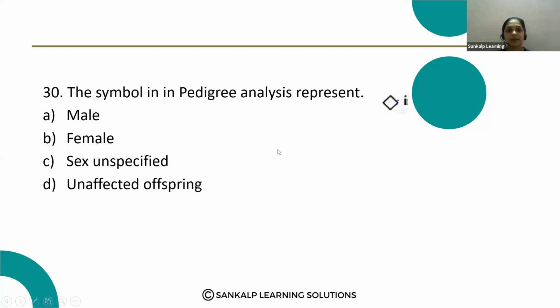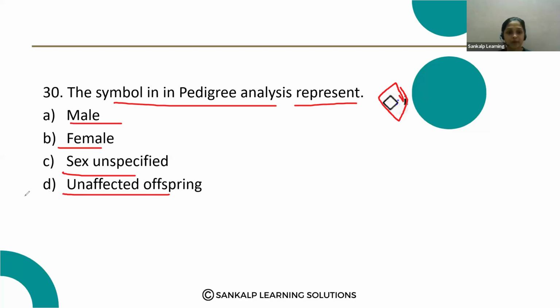Next question. The symbols in pedigree analysis represent what? This is the symbol. In pedigree analysis the options are male, female, sex unspecified, and unaffected offspring.